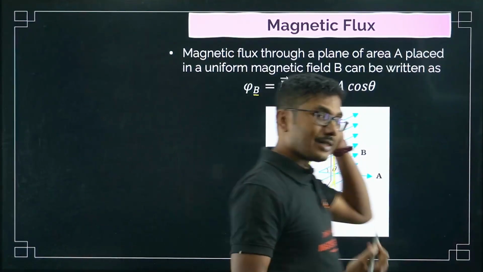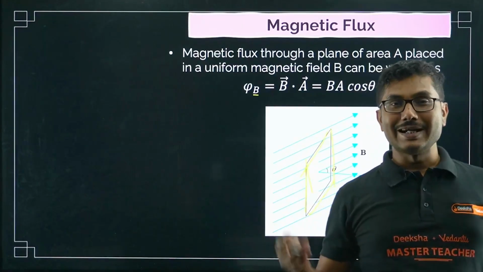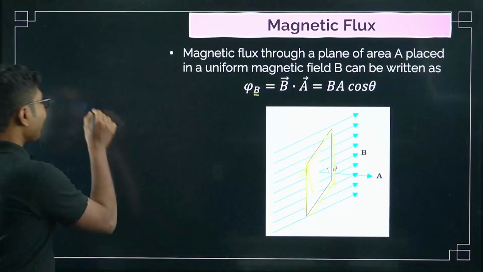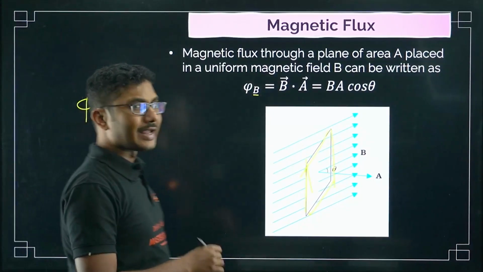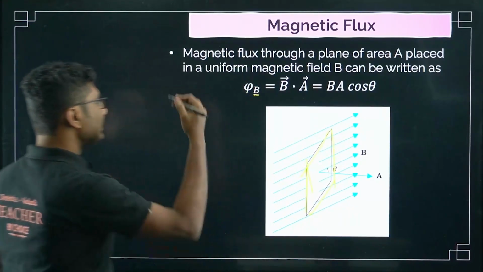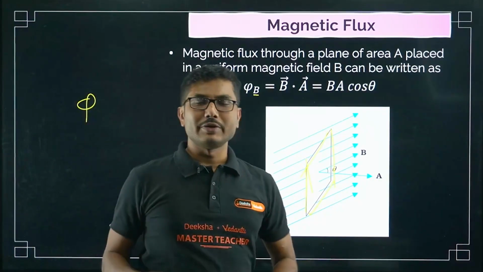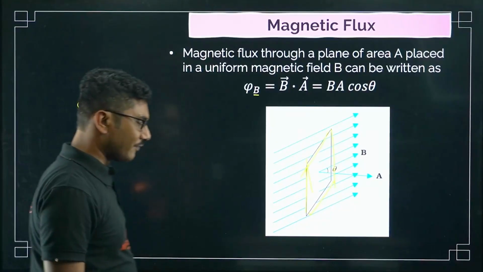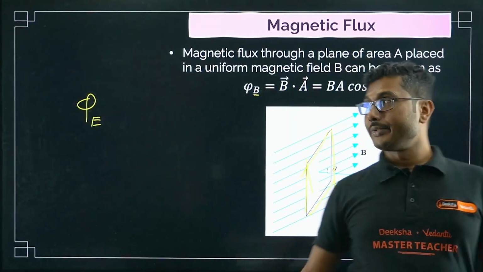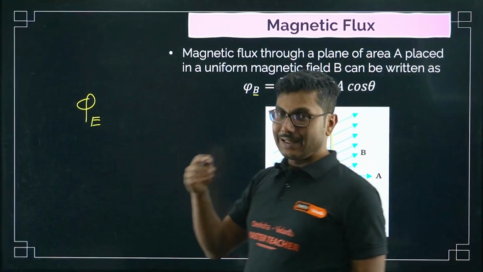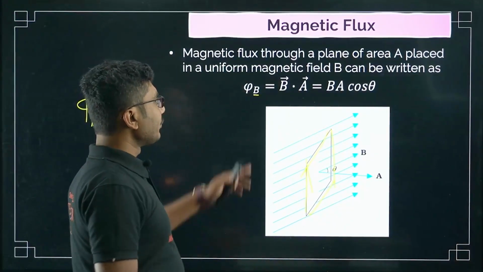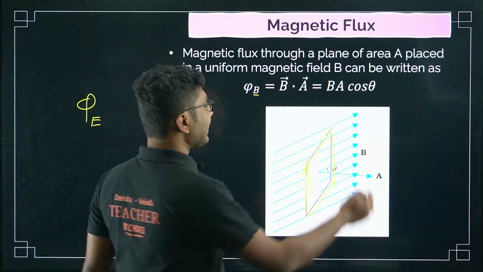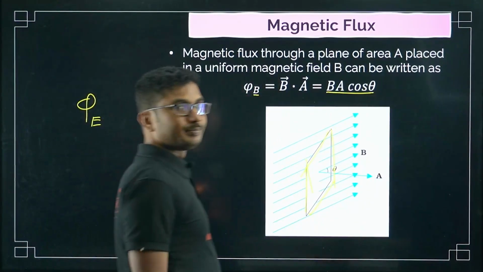We did the same for electric flux as well, E dot A, where we simply used the term phi. Because this is related to the magnetic field and not the electric field, from now on we will address electric flux with phi E, and magnetic flux with phi B. B is the magnetic field, right? That is why it is B dot A, and it is a scalar quantity. As you can see, this is BA cos theta, right?